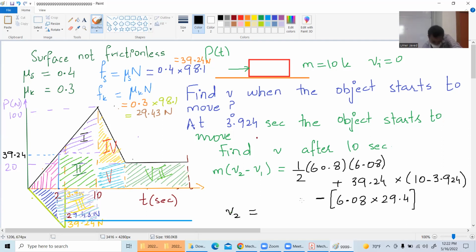So v1 is 0. So take the mass and v2 comes out to be 24.4.